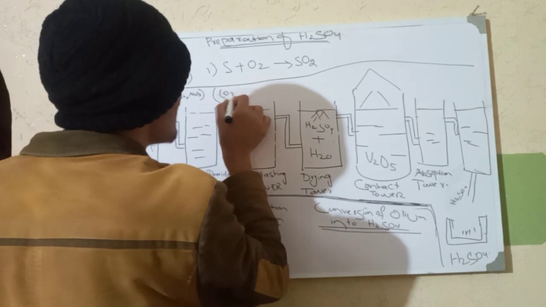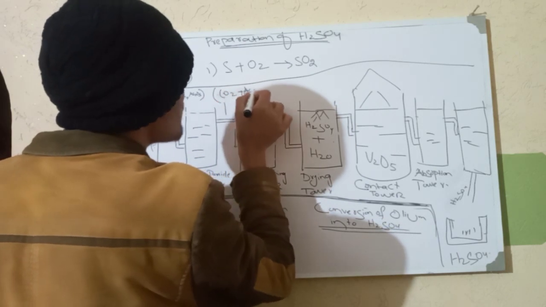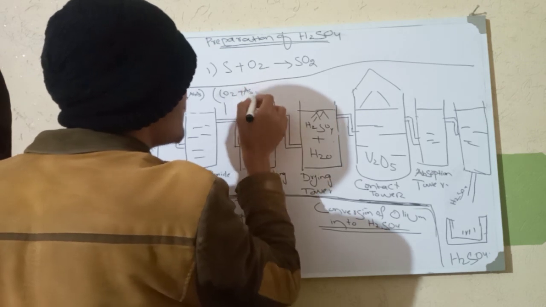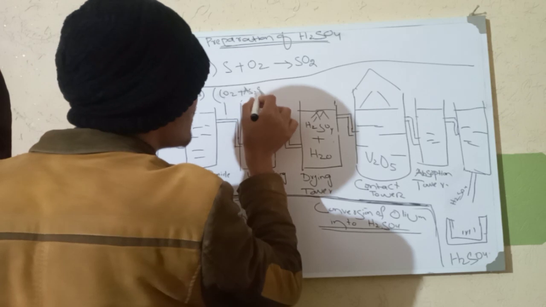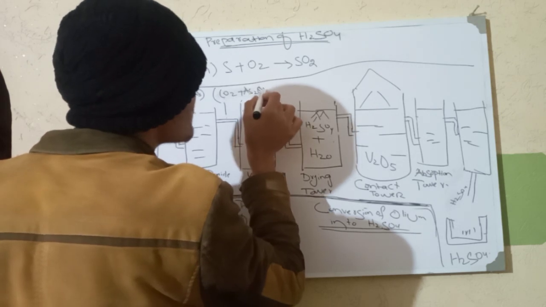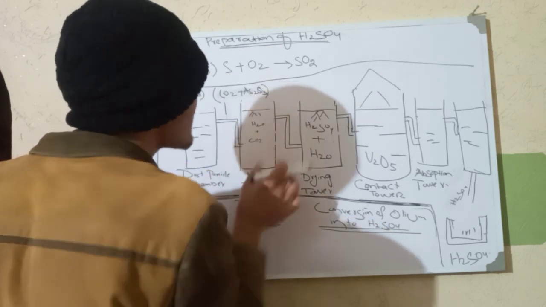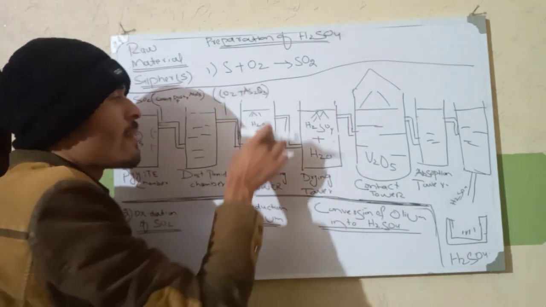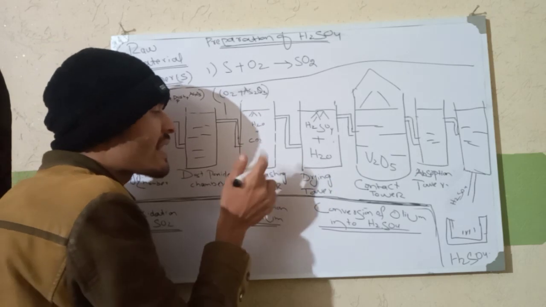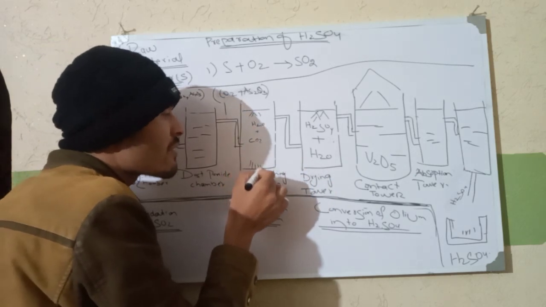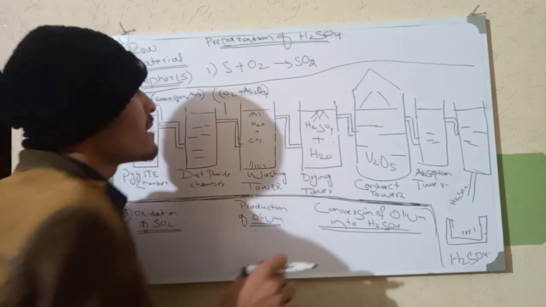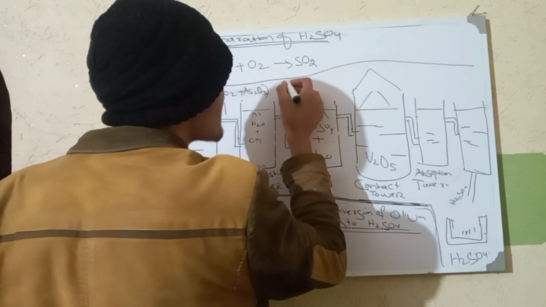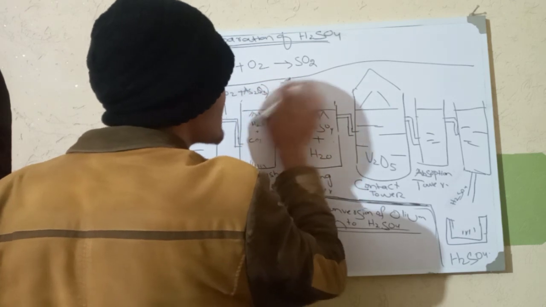Now this carbon dioxide and arsenic oxide, along with the sulfur dioxide, enter the next chamber, which is the washing tower. Here we wash out carbon dioxide, which settles down in the form of carbonic acid. What is left? Carbon dioxide with arsenic oxide.